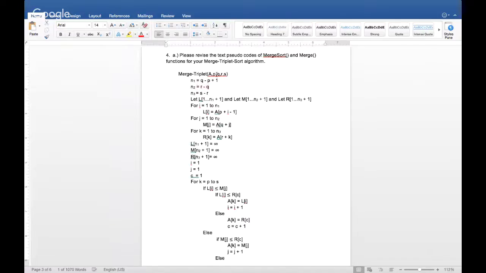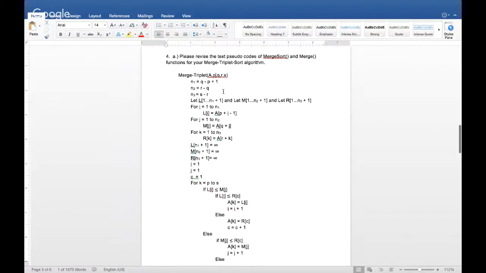But Q, again, is the beginning of the second array. So we take the beginning of the second minus the start of the first, plus 1.